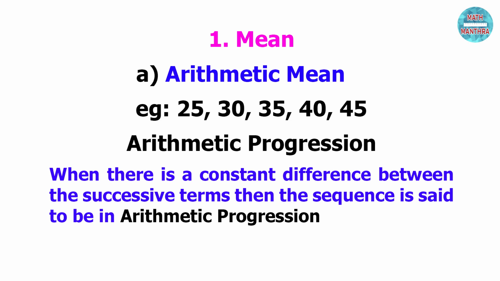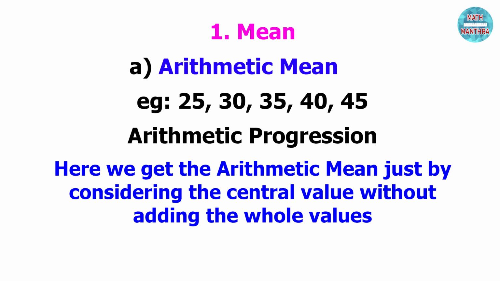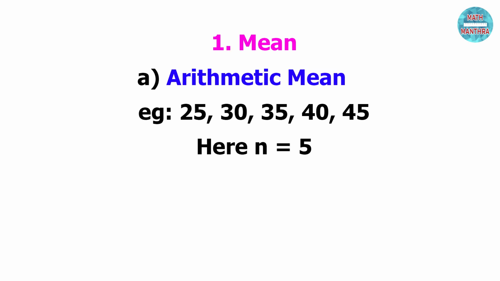So if the sequence is in progression like this, we need not add up these observations in order to find our arithmetic mean. We can get it just by considering the central value or central observation. So here, when there are n observations, in this particular case n is 5, there will be exactly one observation in the middle, which is 35.